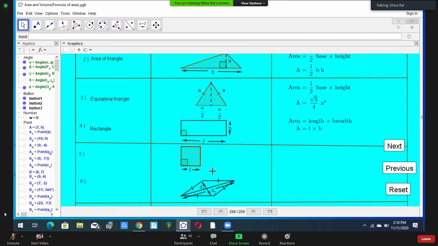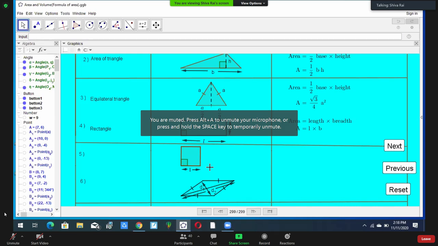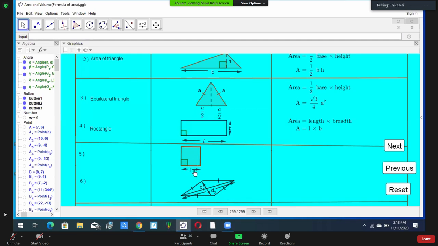Anyway, it looks like a square, so your guess is correct. If only one side of the square is given, then we can find out the area. So tell me, what's the area of a square?